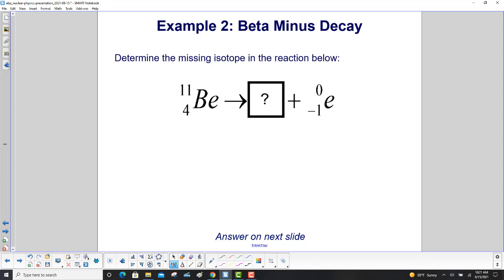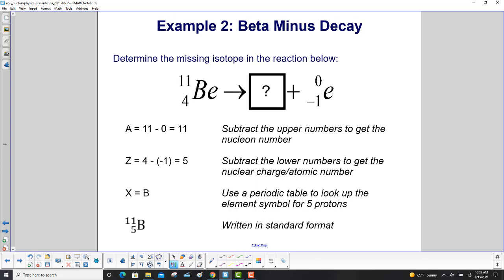Determine the missing isotope in this beta minus decay reaction. We have beryllium here decaying into something plus an electron. Conservation of nucleon number, we need to have this number be the same on the right side. So you subtract 0 from 11 and you get 11. So you've got 11 nucleons in this element.